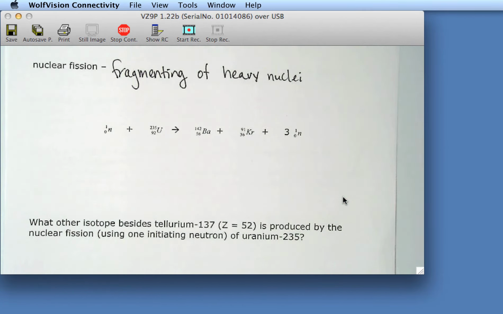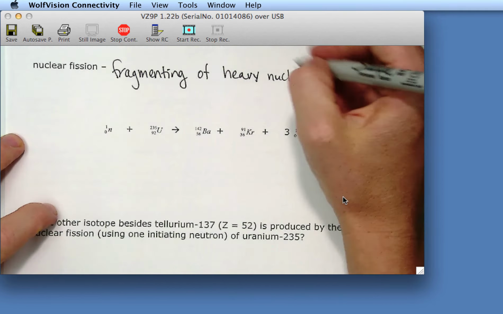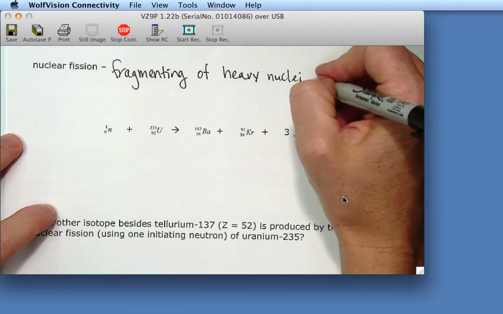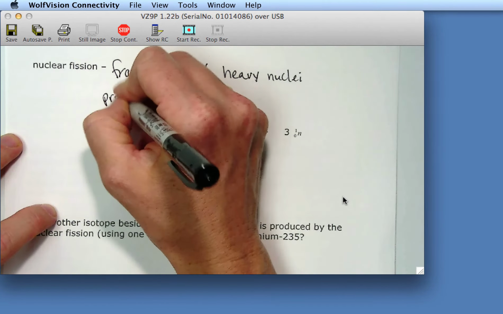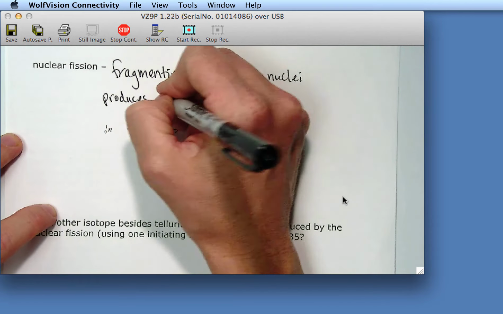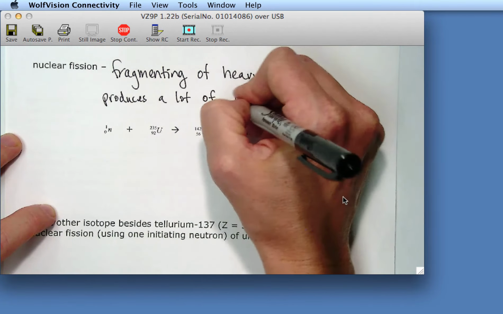It results in a lot of energy. So it produces a lot of energy.